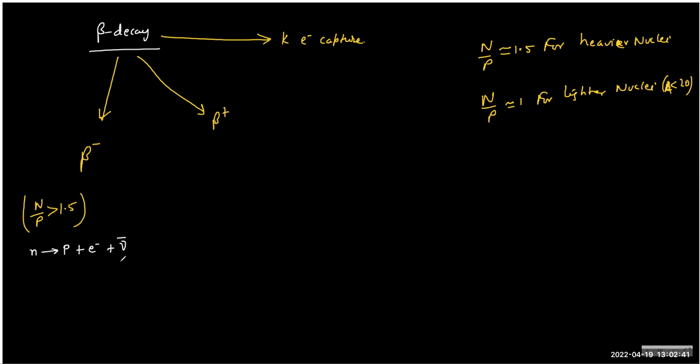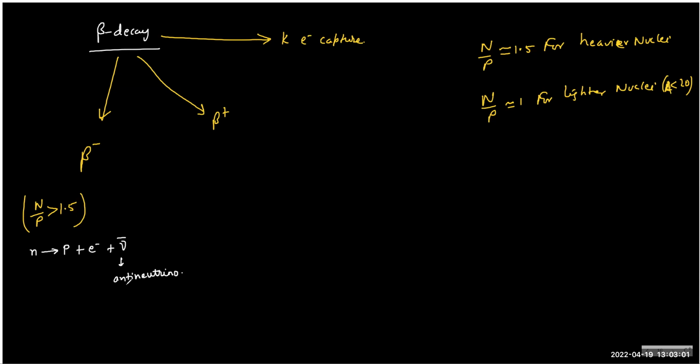That's very important. This is called anti-neutrino.